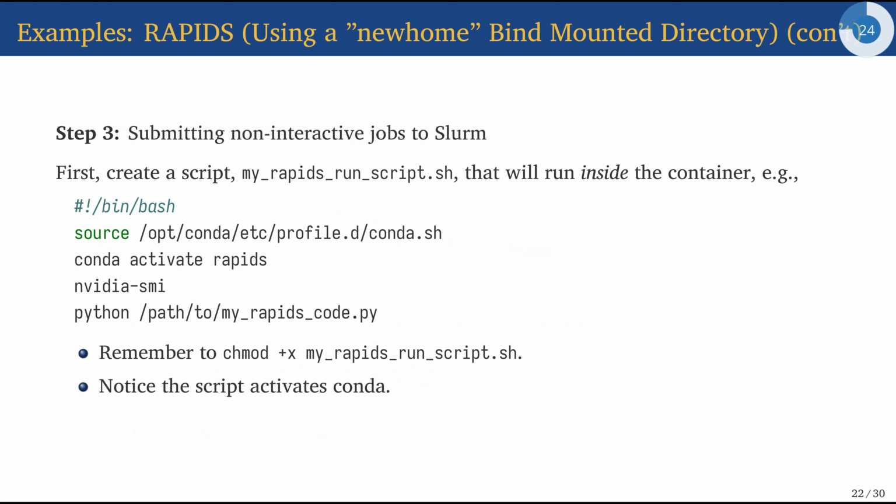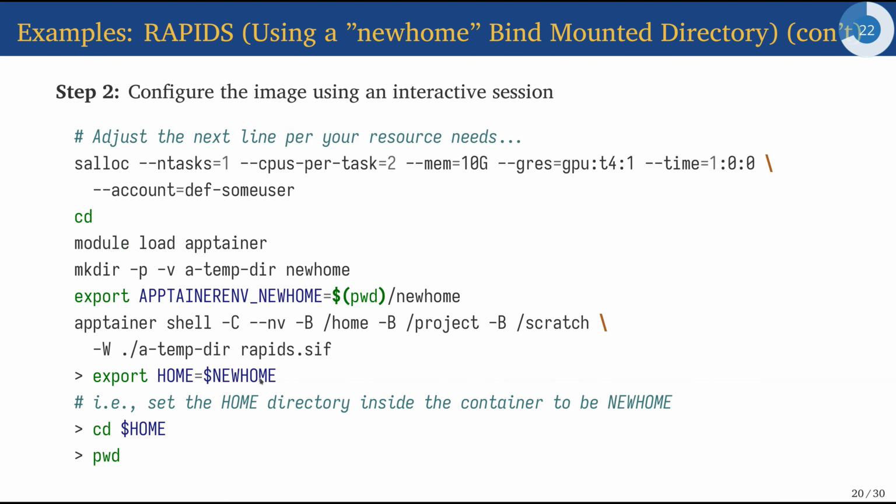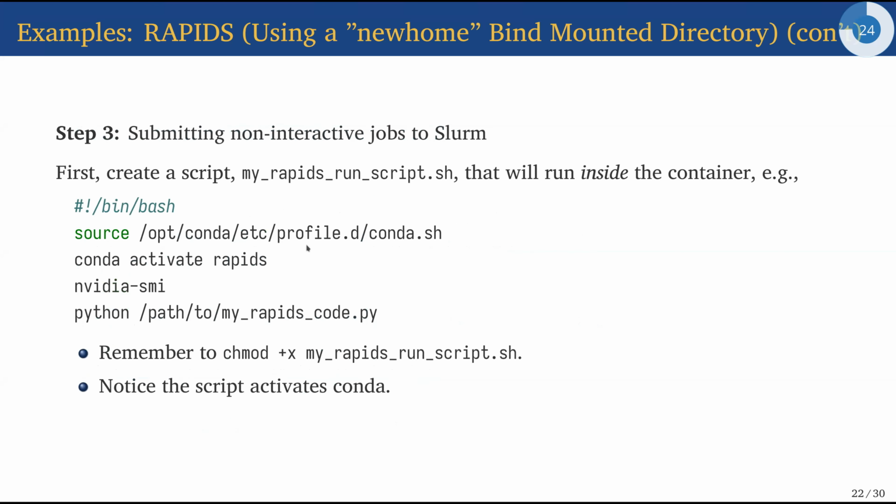And once you get something to work with Rapids, what you need to do is take what you did. So what did we do to get in here? The first thing we did was we set new home, okay? Then we sourced, right? We activate our Conda, and then we ran a command. So effectively, and I missed new home here, the first thing you need to do, well, actually, we don't need to set new home here because I put it in the other thing, but we need to source Conda, and if that doesn't work, hey, we're done.